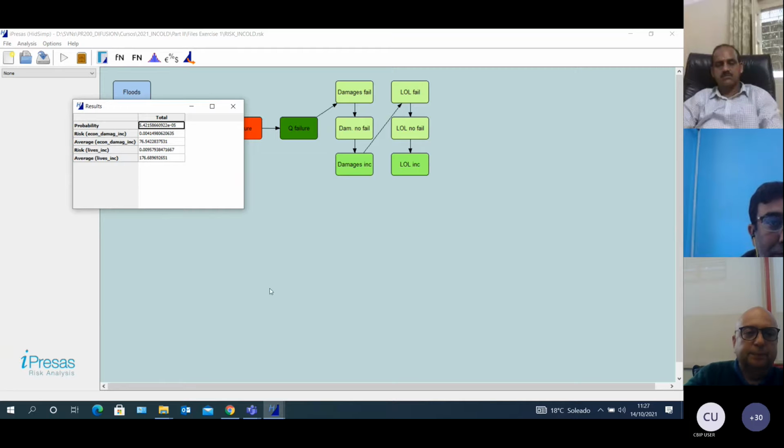So we can check. Probability of failure 5.42 to the minus 5. Good. Economic risk 0.415 to the minus 3. Good. And lives 9.58 to the minus 3.